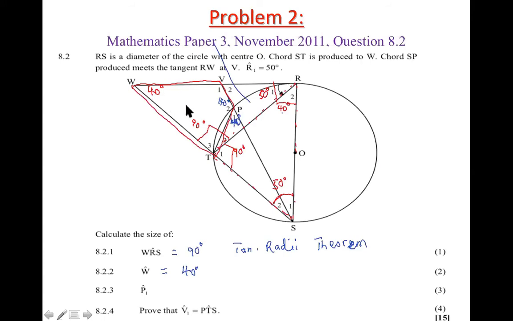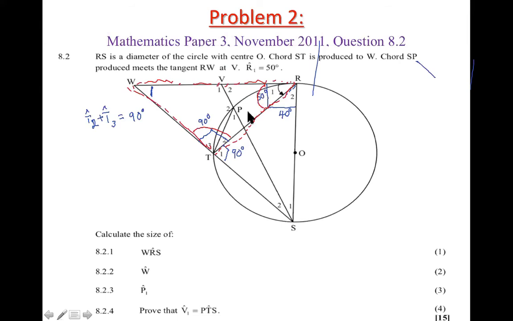Because 40 is equal to 40, this is a four-sided figure, and P1. Then if we add 50 to 90 and subtract it from 180, this angle here will be 40 degrees. So we are using the sum of angles in a triangle to determine this angle W.